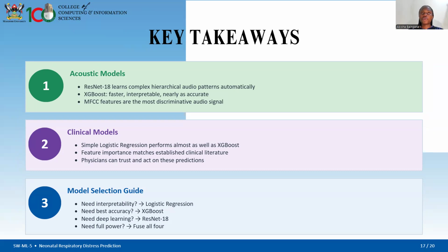And when we move on to see, based on what our needs are, which model would you select? If you're looking for interpretability, logistic regression would be the best model. If you're looking for best accuracy, the XGBoost. For deep learning, ResNet-18.